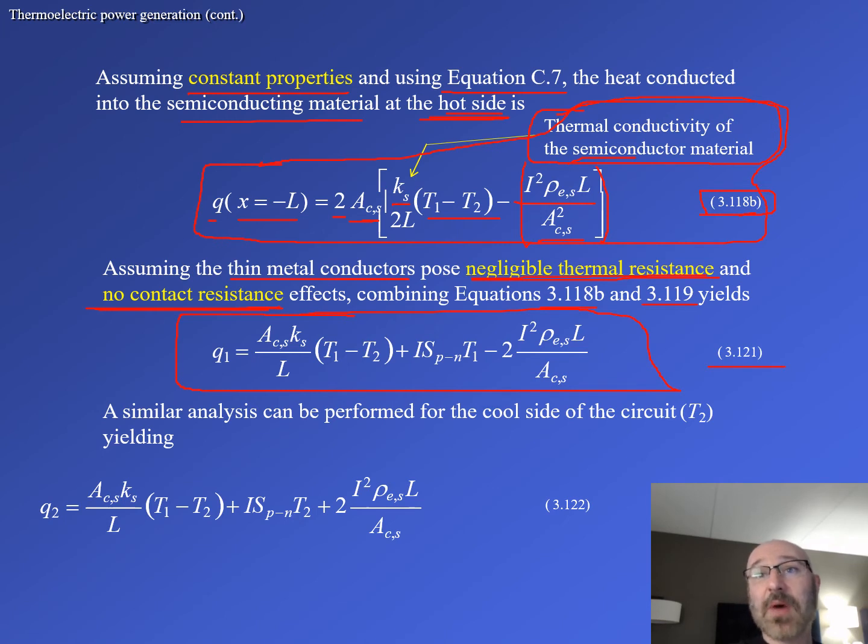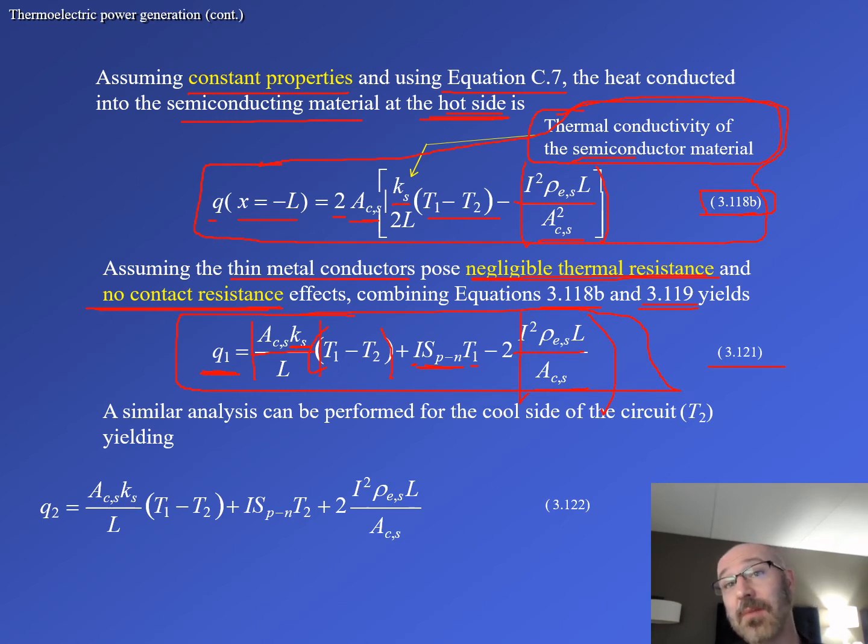So this gives us a value for our Q1, if we reference back to where that is in our diagram from the previous slides. We can see there's that ratio of A_CS and K_S, the semiconductor thermal conductivity, over L times the temperature difference, plus our current I times the Seebeck coefficient for the difference, P minus N, times T1, minus 2 times I squared times rho_E,S times L, all over A_C,S.